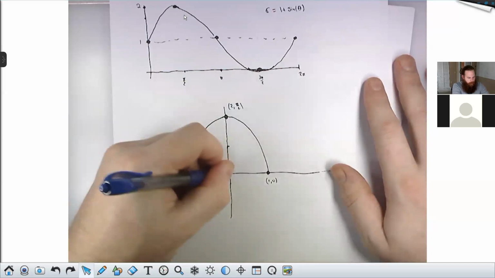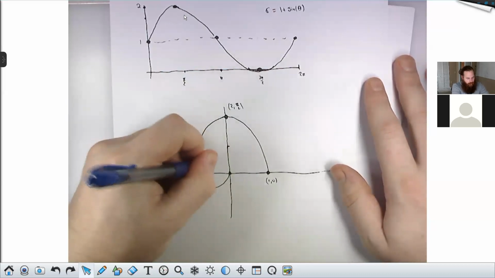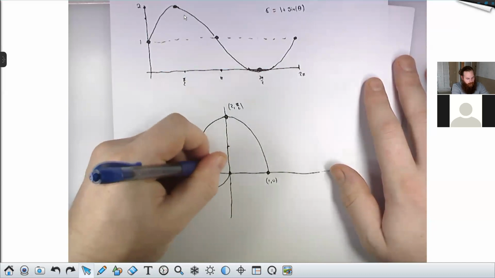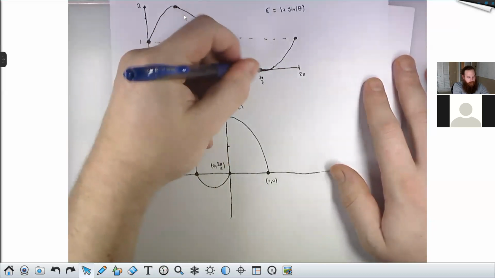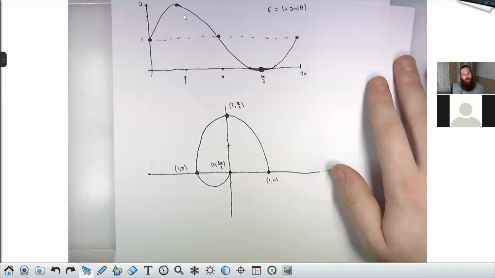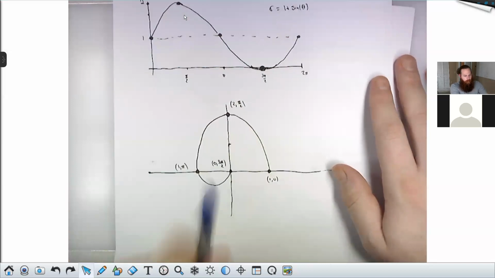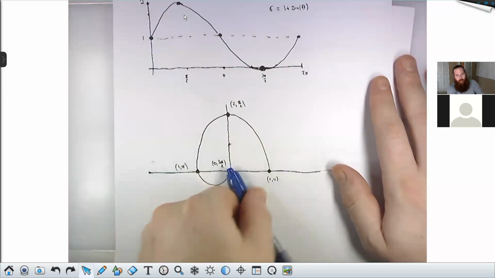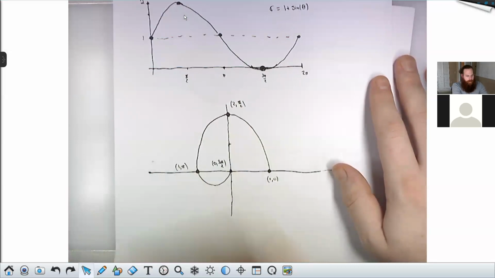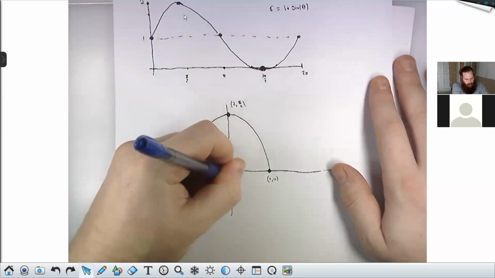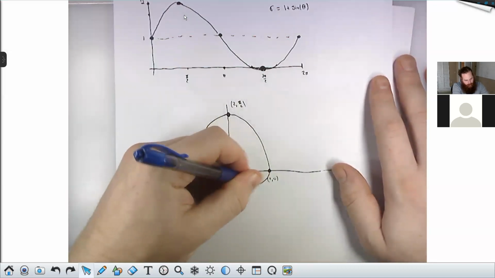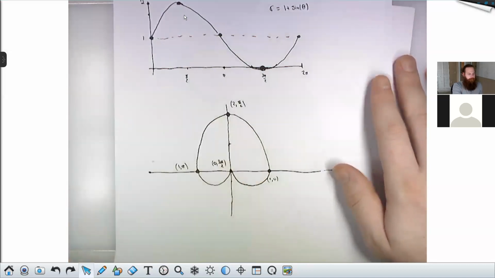So this is the polar point 0, comma 3 pi over 2, coming from this point on the rectangular graph. And then as I rotate past 3 pi over 2, he's going to walk back out and join up over there.